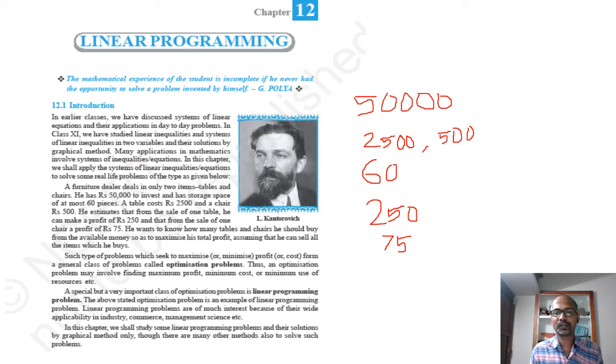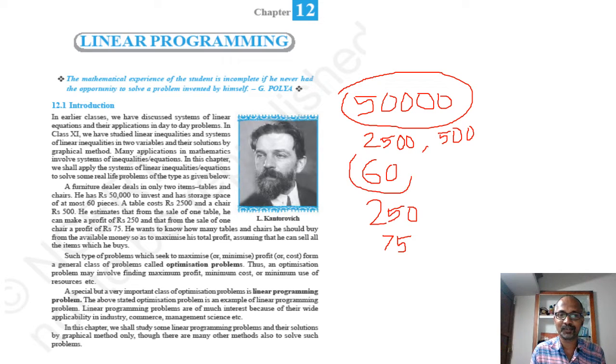The difficulty is that he has to see all the constraints or limitations he has got. The first limitation is that he can invest only 50,000 rupees, and the second one is the storage limitation, only 60 pieces he can store.